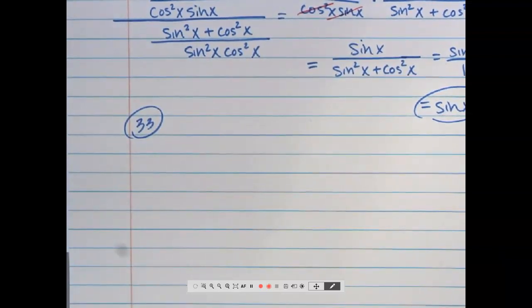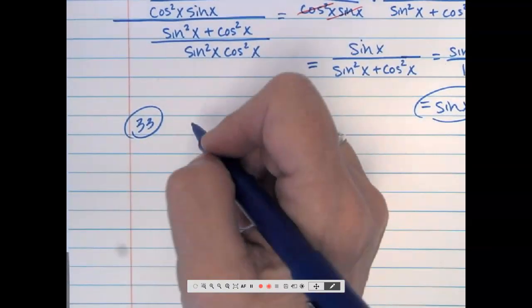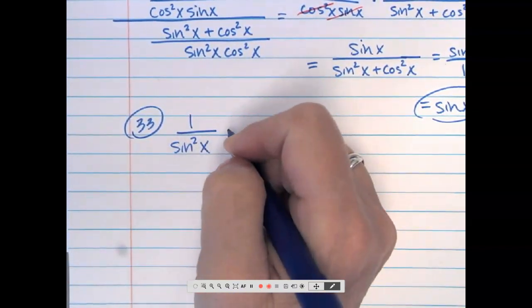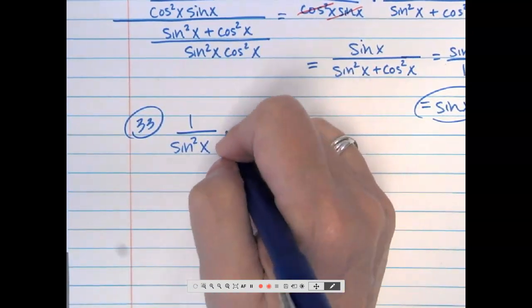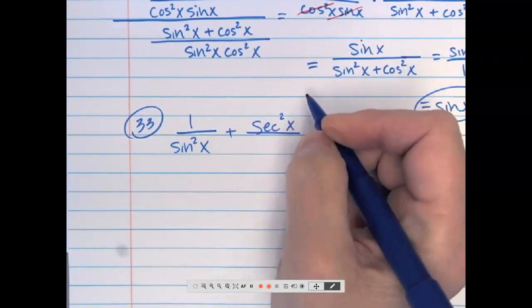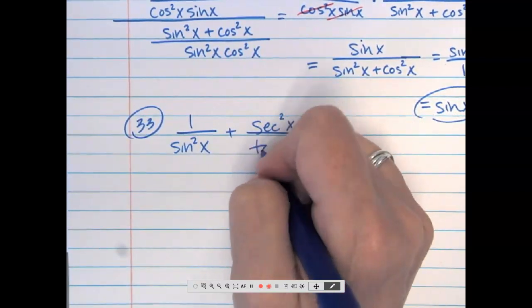Okay, new set of directions. Combine the fractions and simplify to a multiple of a power of a basic trig function. All right, 1 over sine squared plus secant squared over tangent squared.